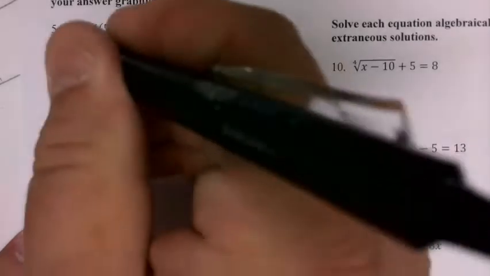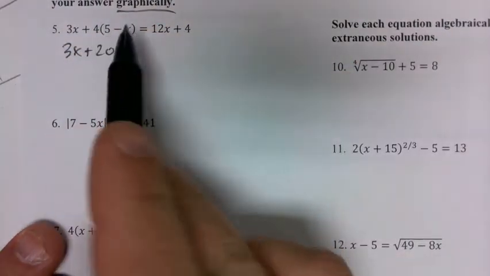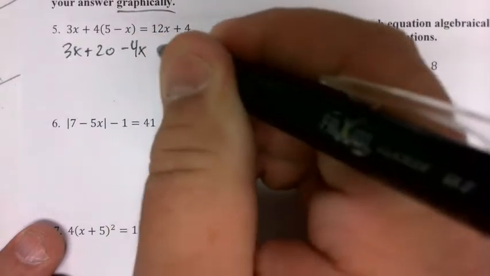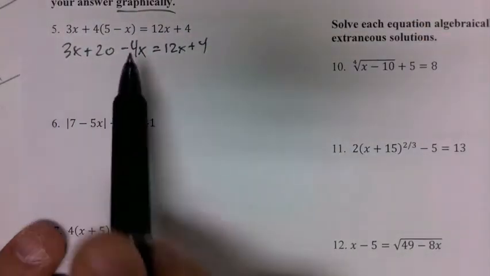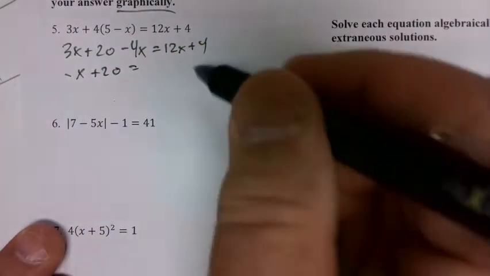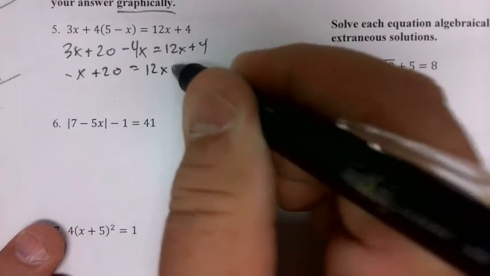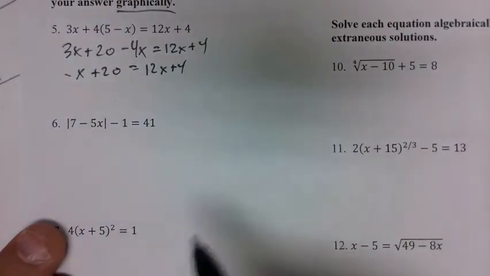I have to distribute here. 3x plus 4 times 5 is 20. 4 times negative x is negative 4x. Equals 12x plus 4. Okay, 3x minus 4x, that's negative x, plus 20 equals 12x plus 4. Okay, now these are simplified. Now I can combine the like terms.